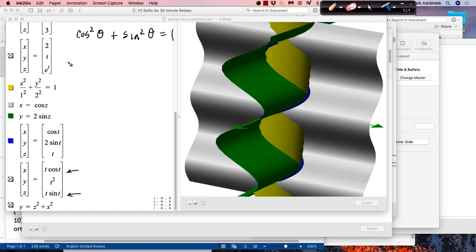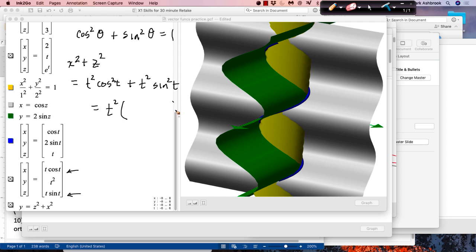I'm going to take x squared plus z squared. And that's going to get me cosine squared and sine squared. Do you see it? So x squared plus z squared equals t squared cosine squared plus t squared sine squared. And what does that equal? Take out a t squared.